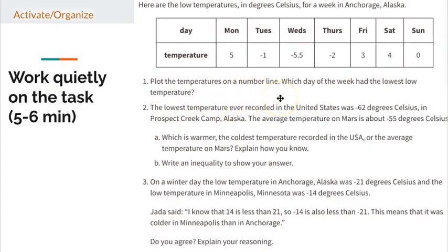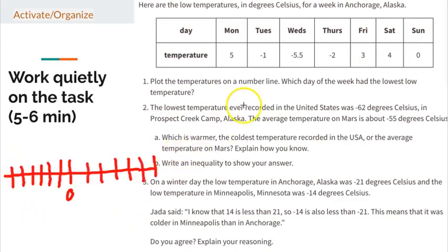Okay, we got a chart here for low temperatures in Celsius for a week in Anchorage, Alaska. So if we're going to look at a number line here, let's make a quick little number line. Something like so. Of course, it's not perfect. So let's see. On Monday, we were at 5.